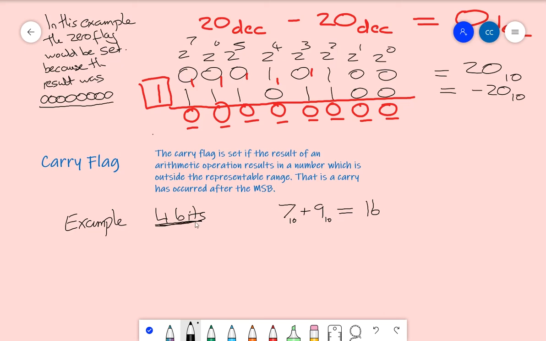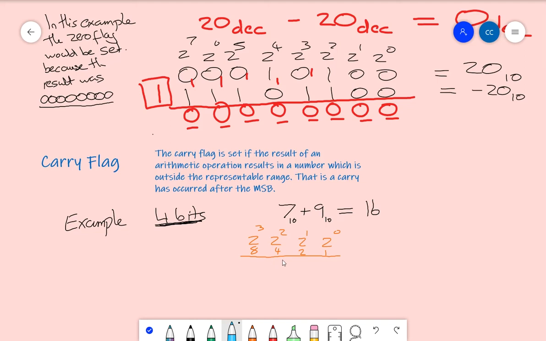Now, is this answer going to be within or out with the representable range for 4 bits? So let's find out. So we'll just put in our number grid as normal. So there's our place orders for the 4 bits, and let's put in the value of each place. So that's 1, 2, 4 and 8. And we're just using 2 unsigned numbers, so it's not 2's complement.